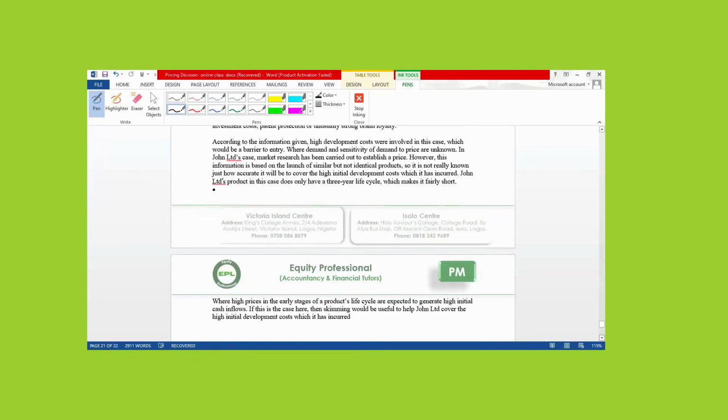According to the information given, high development cost was involved, which could be a barrier to entry. To develop this product, the company incurred high development costs. This can prevent other companies from producing similar products.